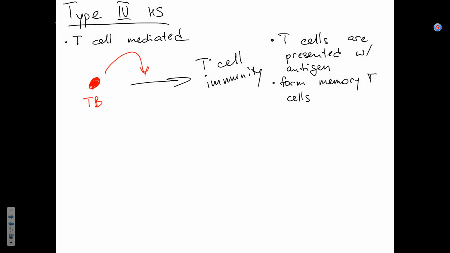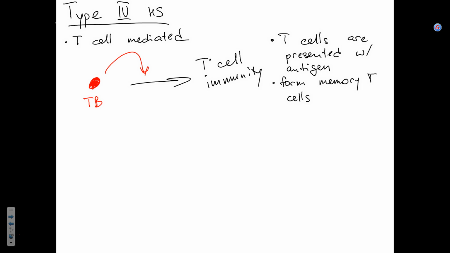Now, to check if you ever had tuberculosis in your life, if you ever had an active infection, if your immune system was exposed to Mycobacteria, what do doctors do? You get a TB shot.